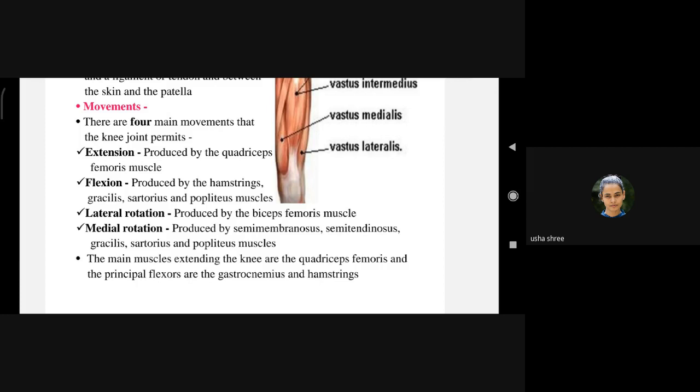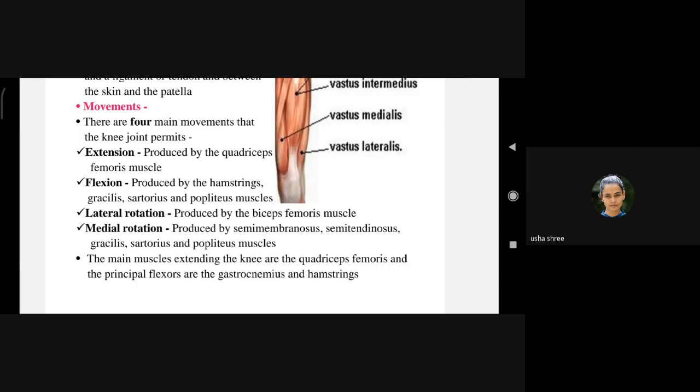So both are different muscles on the thigh. When we are talking about quadriceps, then we are talking about all the 4 muscles.